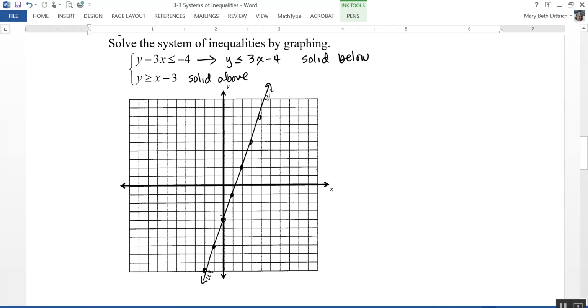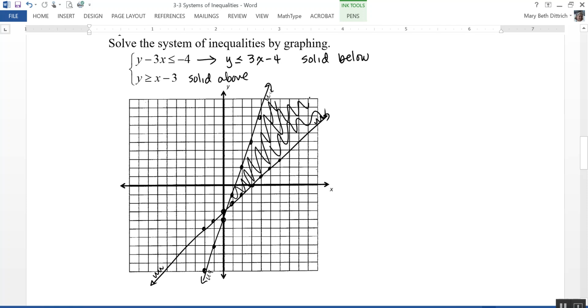My second line is a y-intercept of -3 and a positive slope of 1. So that's going to look like that. Go ahead and draw that line in. Okay, and this one I'm going to be shading above, so up here and up here. And now comparing my two shadings, it's going to give me this region in between the lines right here.